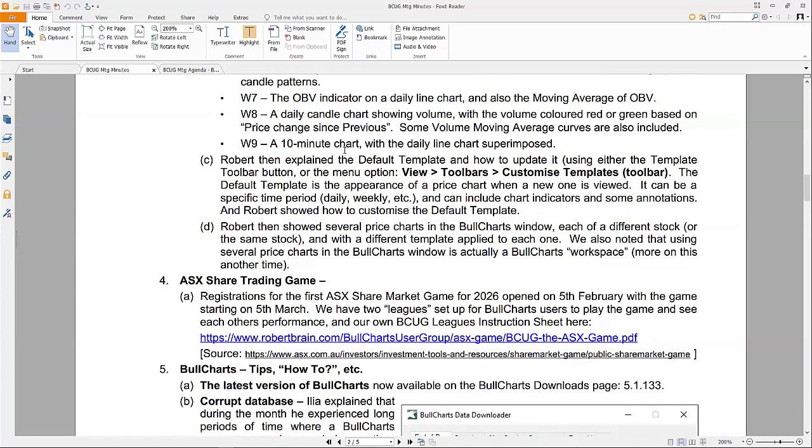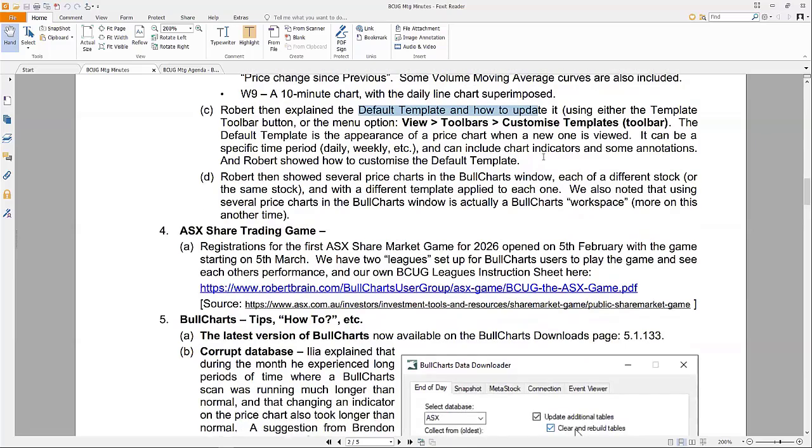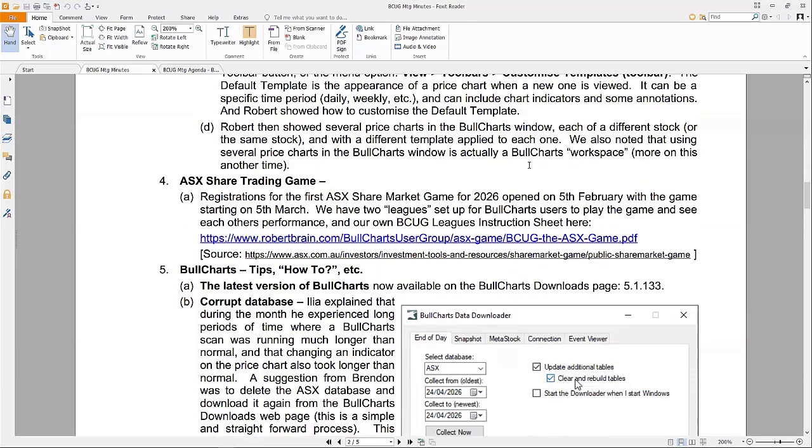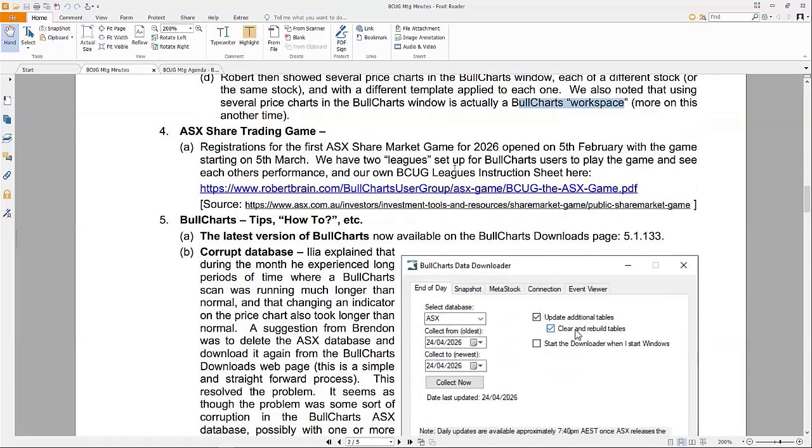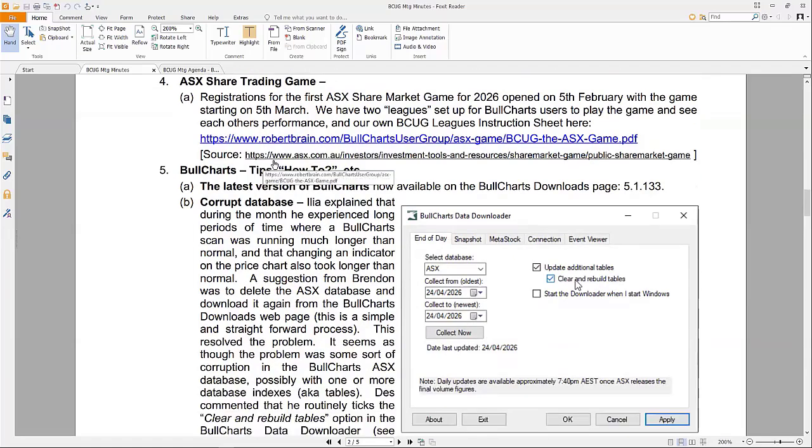Last week, I also talked about the default template and how to customize the default template and the template toolbar. And we talked about BullCharts workspaces, because a couple of templates together, or more than 2, can comprise a BullCharts workspace that you can save. We talked briefly about the share trading game, but no one in the Melbourne meeting was interested.